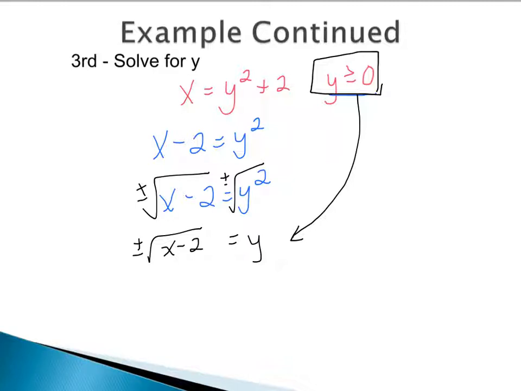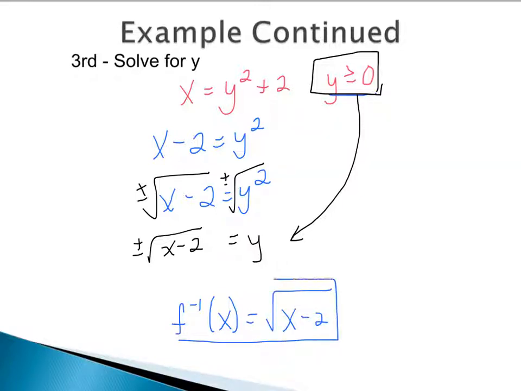Well, looking at our plus or our minus, that would mean that we're only going to be taking the positive square roots. So really, we have that our inverse, which remember we rewrite as f inverse of x, is equal to the positive square root of x minus 2. And that would be the only answer, because it satisfies that restriction that y has to be greater than or equal to 0.